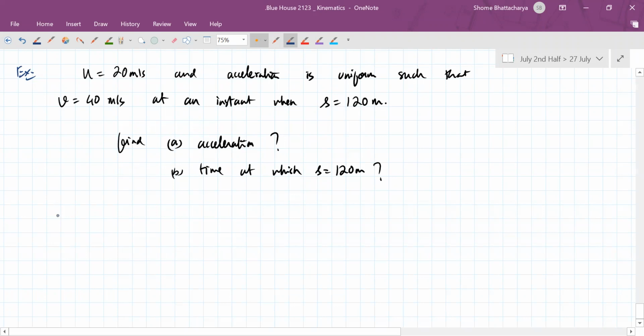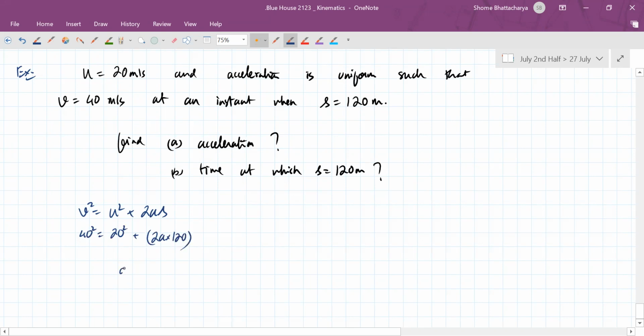For example, the first method is to use this equation, v square is equal to u square plus 2as, and fit the data directly. That is, 40 square is equal to 20 square plus 2a into the displacement, which is 120.